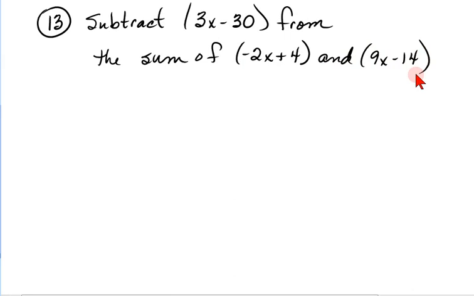I know we did one of these in class notes. I'm sure you had one in math lab. What do you do first, and why do you do it first?